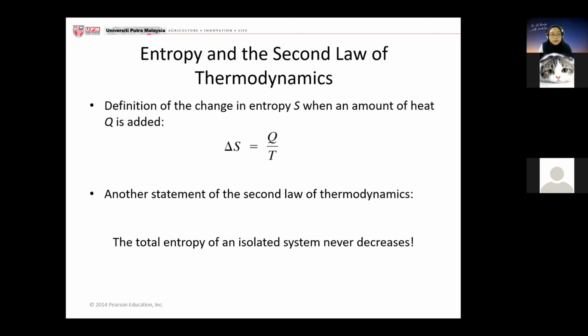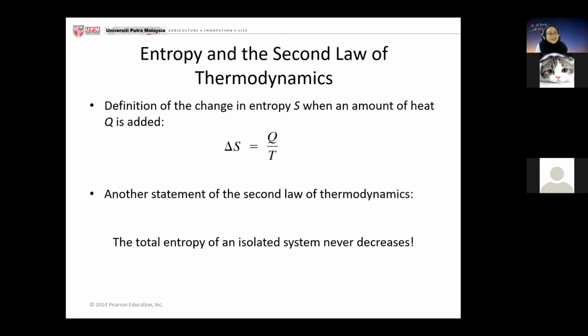Why? Because there are always losses. A situation that is possible where efficiency is 100% is a system where there is no entropy at all, so the change in entropy here is 0. And how that can be achieved is if T is at absolute zero.